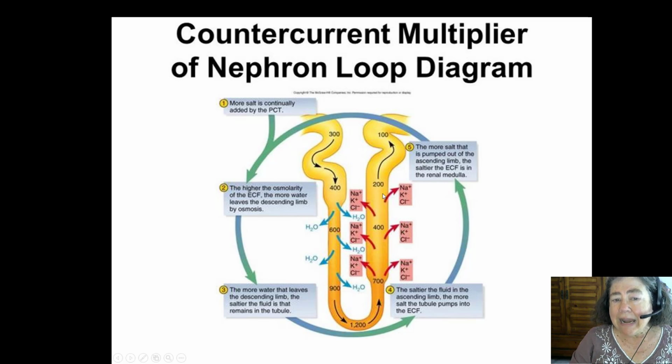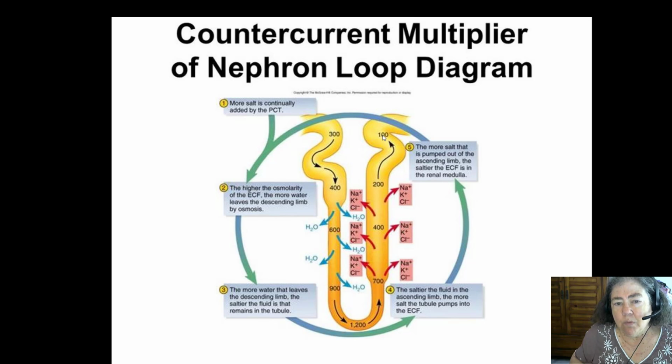And as that happens, this osmolarity that started at 300 and went up all the way to 1200, very concentrated salty fluid here, as all of that salt is being pushed out, the osmolarity goes way down. So what happens is that at the end of the loop of Henle, we've lost a lot of water, a lot of volume, a lot of salt.